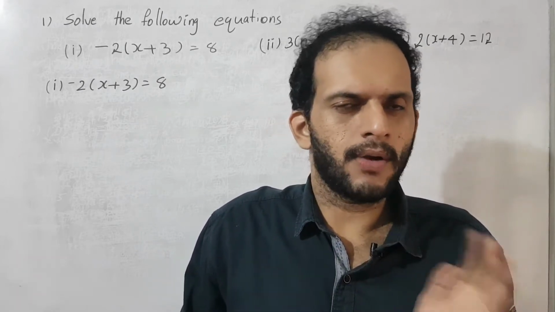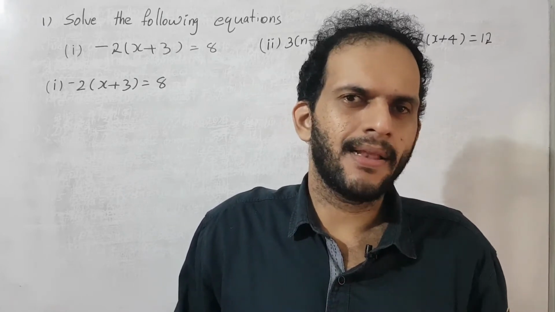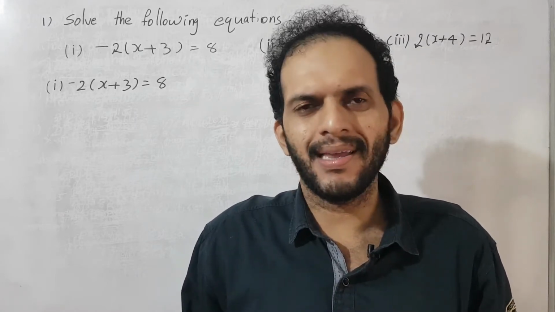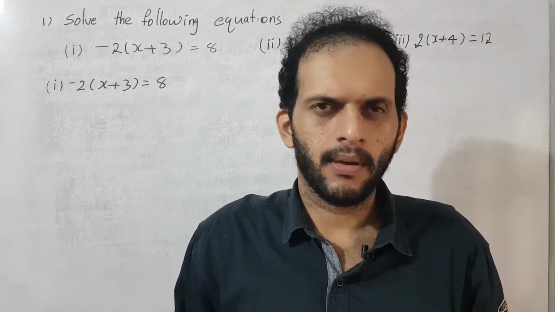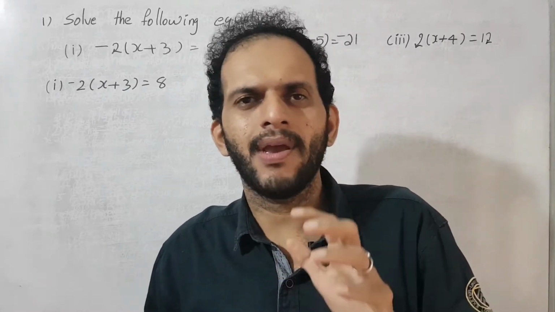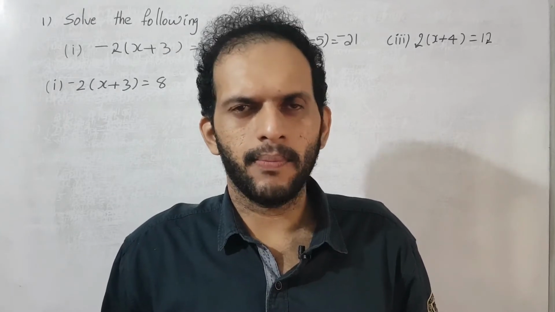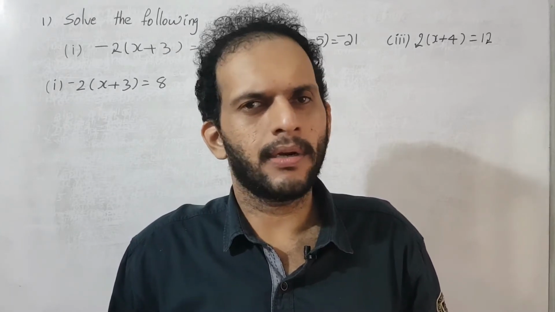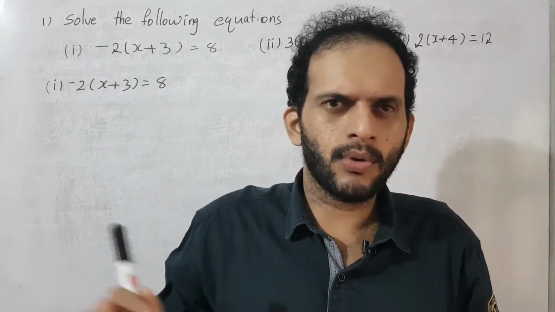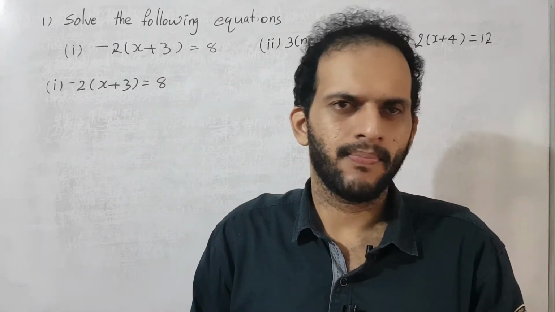Then after we confirm that, we will check again whether there is any term other than the term containing the variable, on that side. Is there any term without the variable along with the variable term? Then we transpose that one and we keep the variable only on one side, correct.